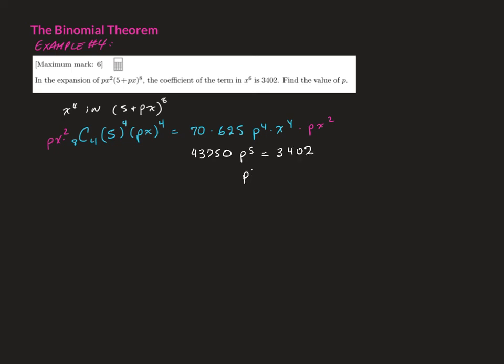So p power 5 should be 3,402 divided by 43,750. Now the fifth root of this fraction is equal to 3 over 5. So we found the value of p as 3 over 5.